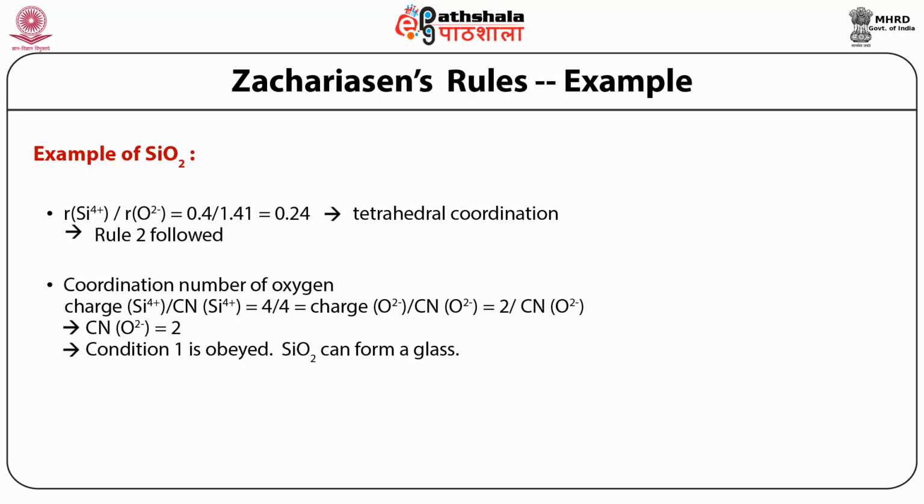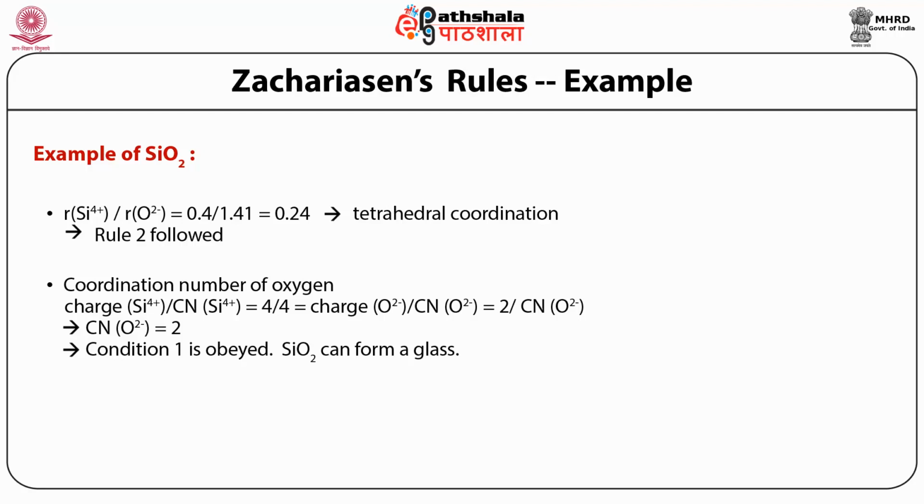So we get that the coordination number of O2- is 2. This satisfies condition number 1 of Zachariasen. Thus, SiO4 tetrahedra linked at the corners will form a glass.